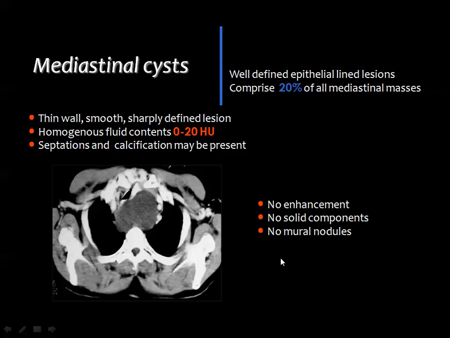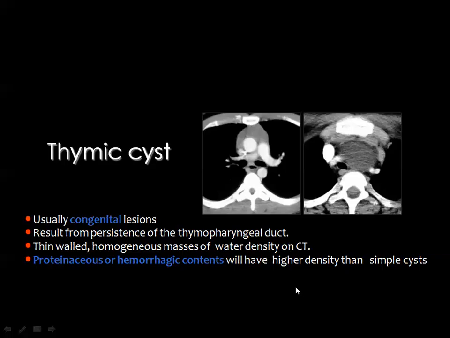But you remember that we may have some exceptions in the mediastinal cyst, especially as regards the presence of septation and calcification. Both can be seen in the mediastinal cyst, and they are considered also benign cysts.